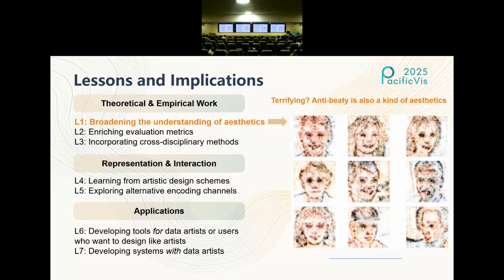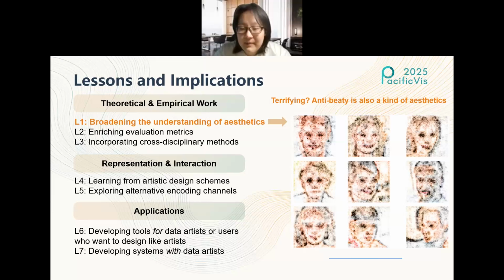It can be critical, intentionally messy, or even ugly. As shown by the visualization on the right, some people may find it terrifying, but this is intentionally done by the artist to embrace anti-beauty and depict the world seen through the eyes of machines, thus challenging human-centric views.